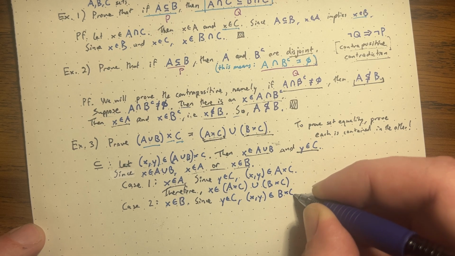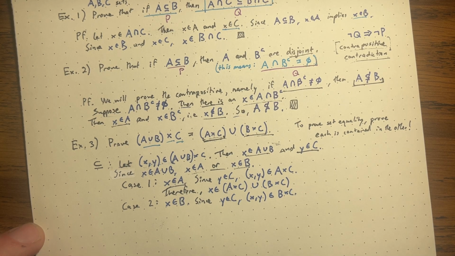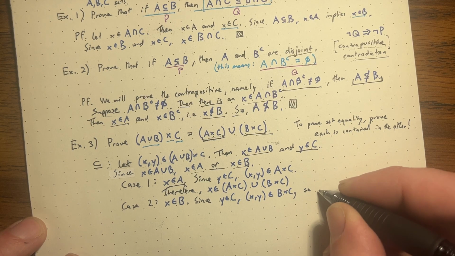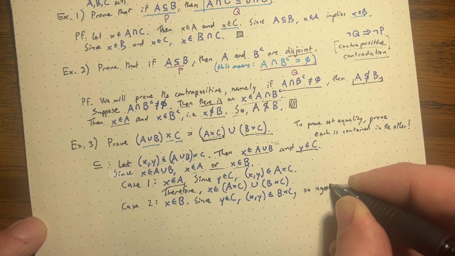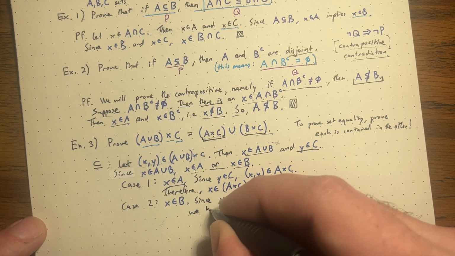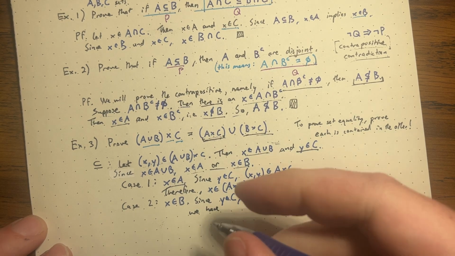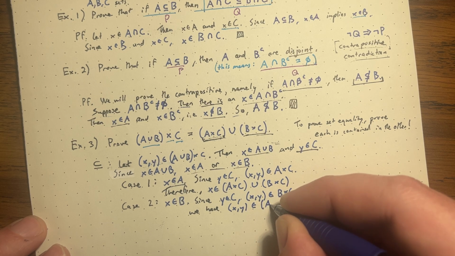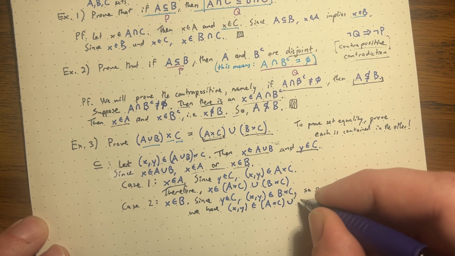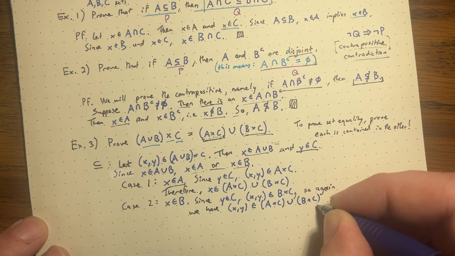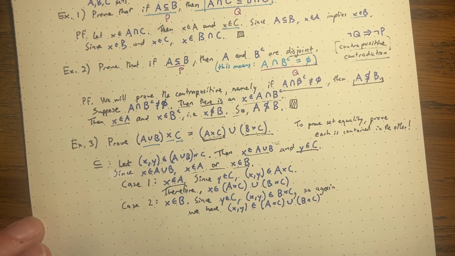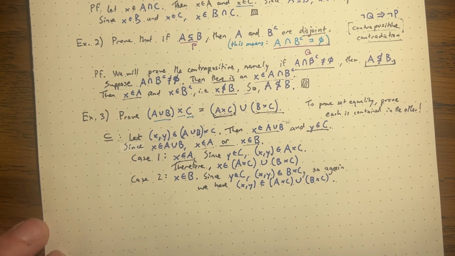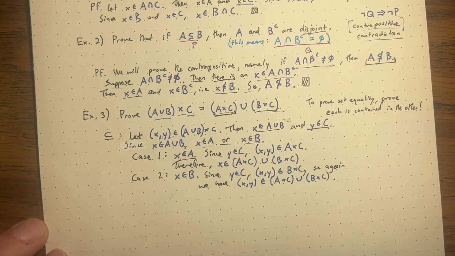So again, we have X comma Y is in A cross C, union B cross C. Because it's in B cross C, it has to be in the union. Great. So we're done with this part, at least. We're halfway done with the proof. We completed this part of the proof.